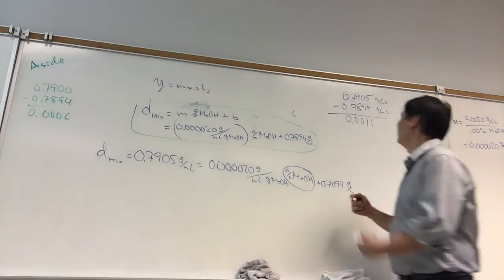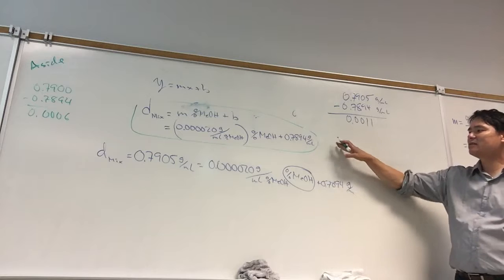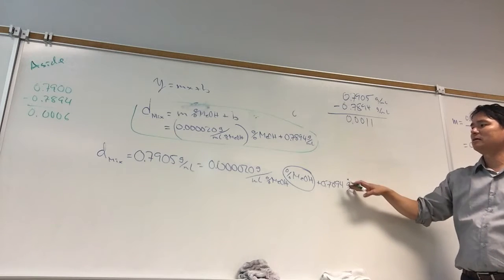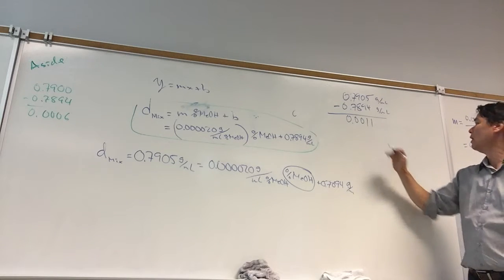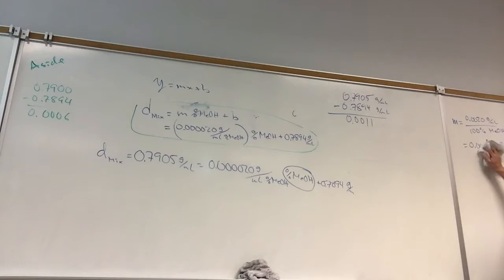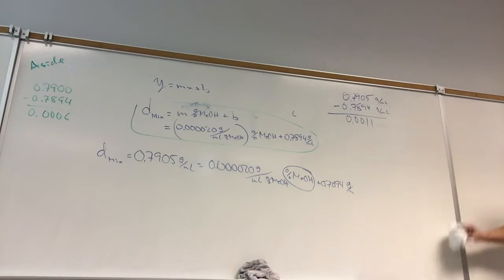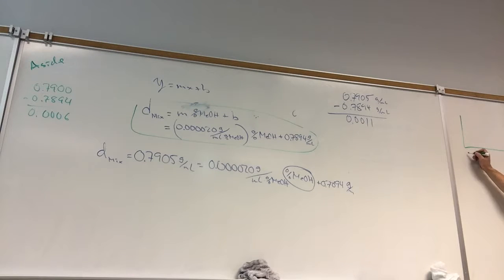In fact, we don't have to do this. This is solving it using this equation, right? But we could have easily solved it using just basic graphing technique. Basic graphing technique is like this. This is 0 to 100%, and then we have a line like this.